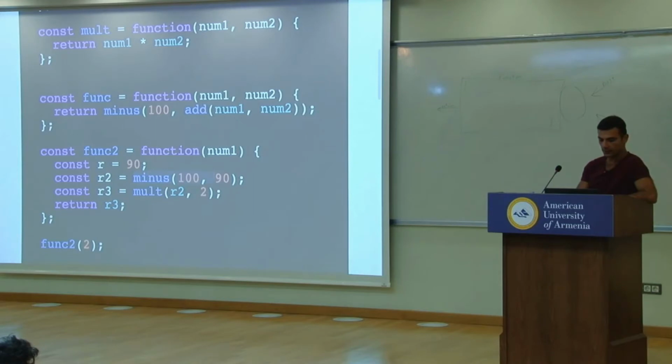So this result is 10. Then R2 goes in here, which is 10. Multiply 10 times 2 and you get 20. So R3 has 20. And then you return R3, which of course is 20. And so the result of this function is 20.